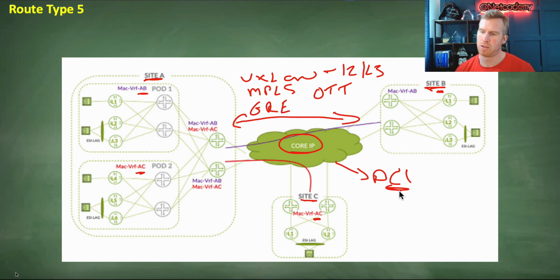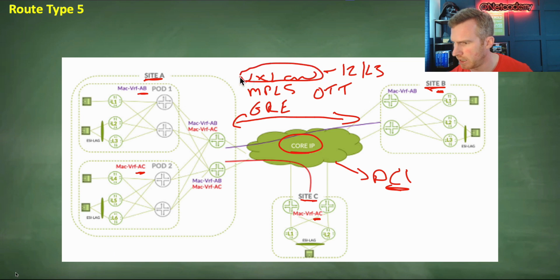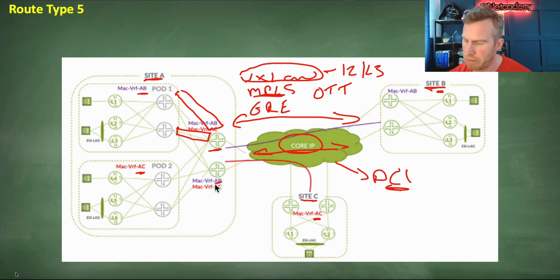Now, depending on your deployment model, it really dictates what happens to this VXLAN tunnel. So if you're using multi-protocol label switching over this WAN, then the VXLAN tunnel, if I just draw it here for site A, it really stops coming from those spines up to these border leaves or super spines, whatever they are.